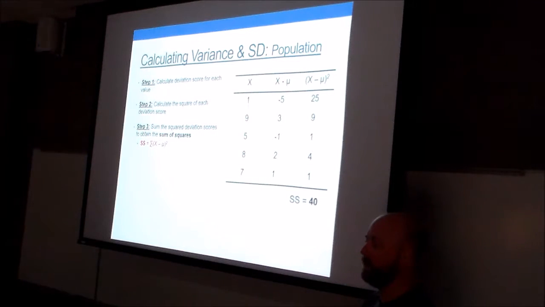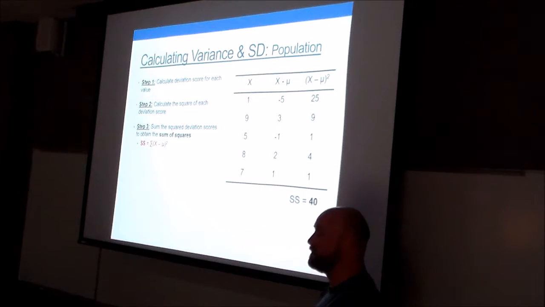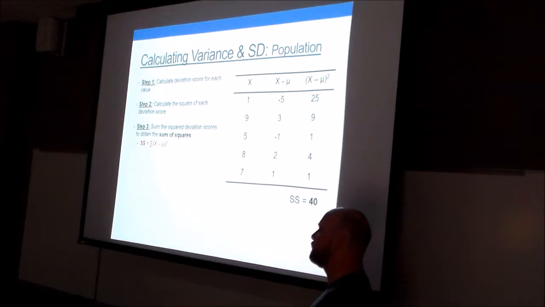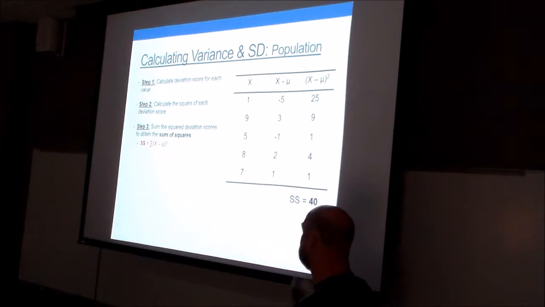Yeah, we'll get 0. All the time, when we have negative and positive. By definition, this column will always sum to 0. If this column doesn't sum to 0, you've miscalculated something, right? And so what we do is we square these. It creates a positive score, and then we can calculate our sums.